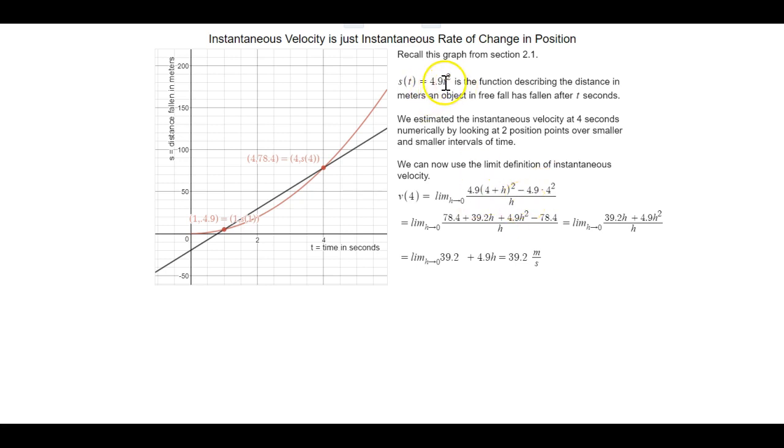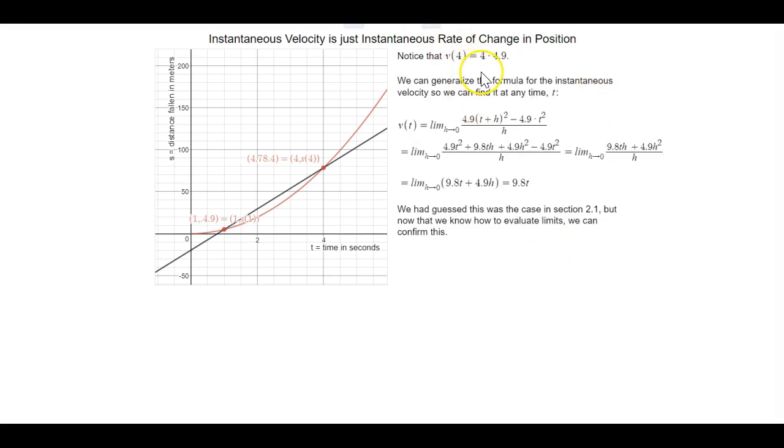So our function's 4.9 t squared, and our a value that we're interested in is 4 seconds. So here's f of a plus h minus f of a over h. And when we simplify, we get 39.2 meters per second like we guessed at before from section 2.1.